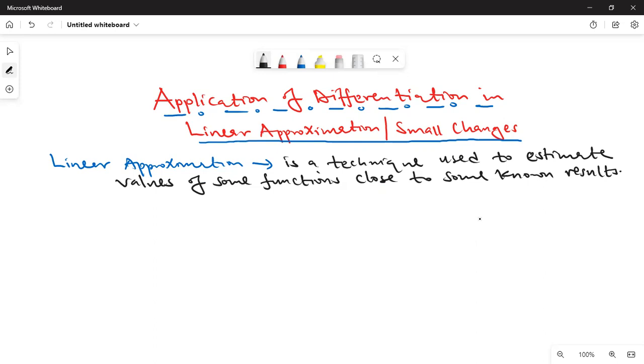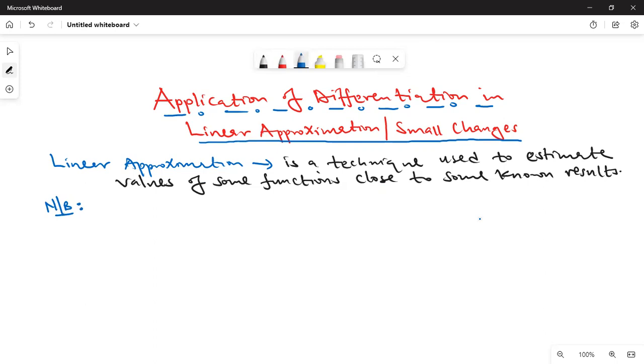So you know how to find the equation of a tangent line and normal line at any given point. So that's what you're going to use to derive the formula for linear approximation.